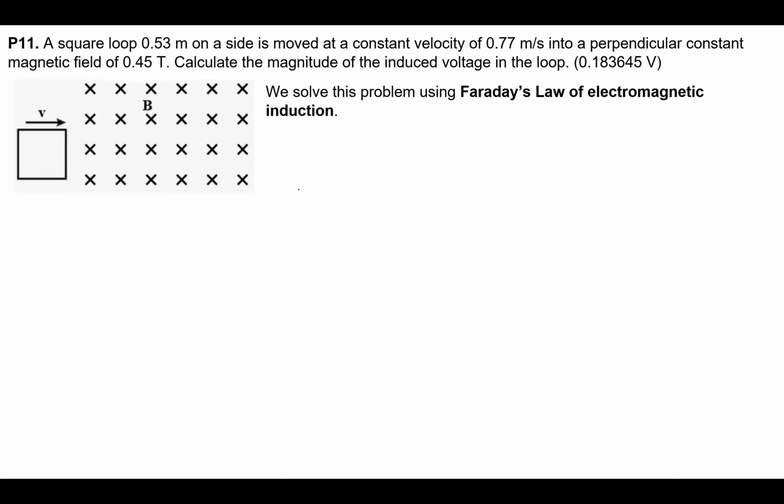And now let's try to find another type of case, but in this case it's a moving loop. In the previous cases we had a moving rod, so let's find out what is different.